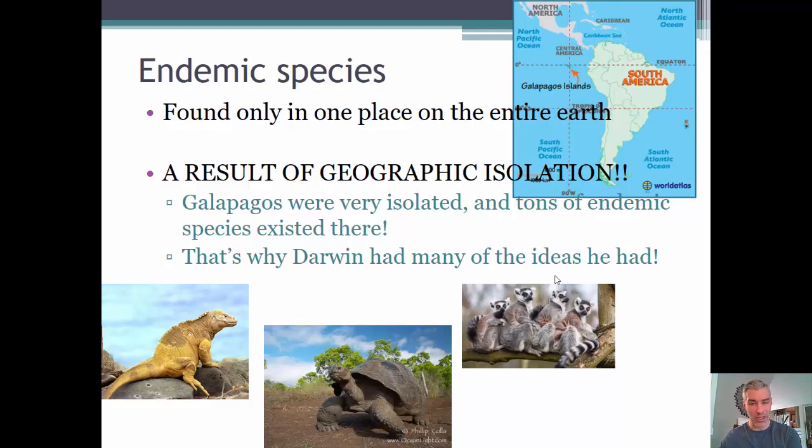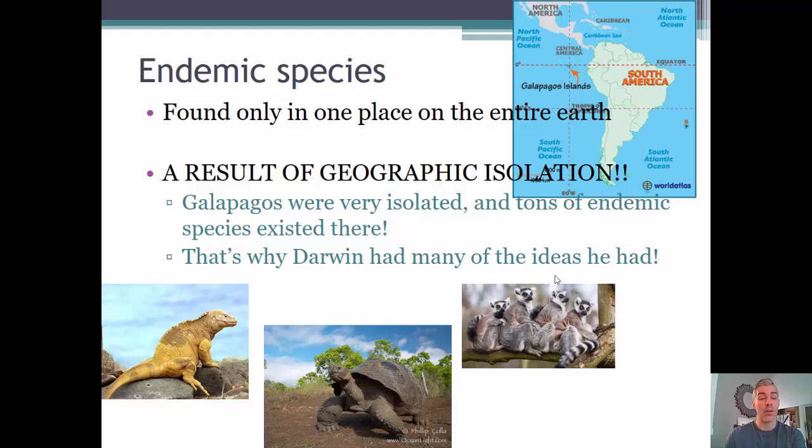Another cool thing is endemic species. Endemic species are species that are only found in one place on the Earth. The Galapagos has a lot of endemic species, particularly because it's so geographically isolated, an island way off the coast of any of the mainland. Endemic species form as a result of geographic isolation, and they're unique.